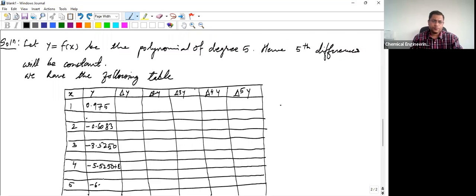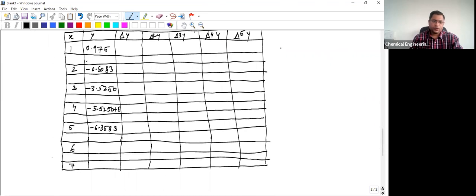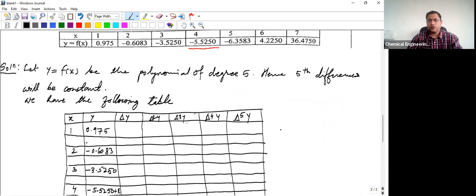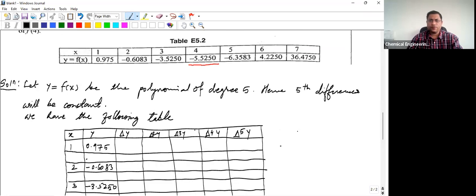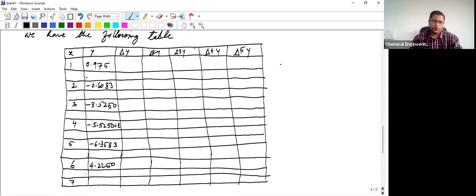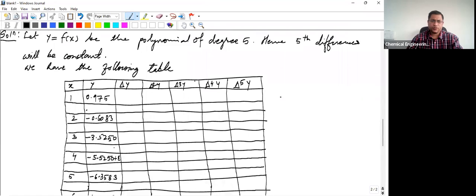Then we have 4.2250, and then we have 36.4750.